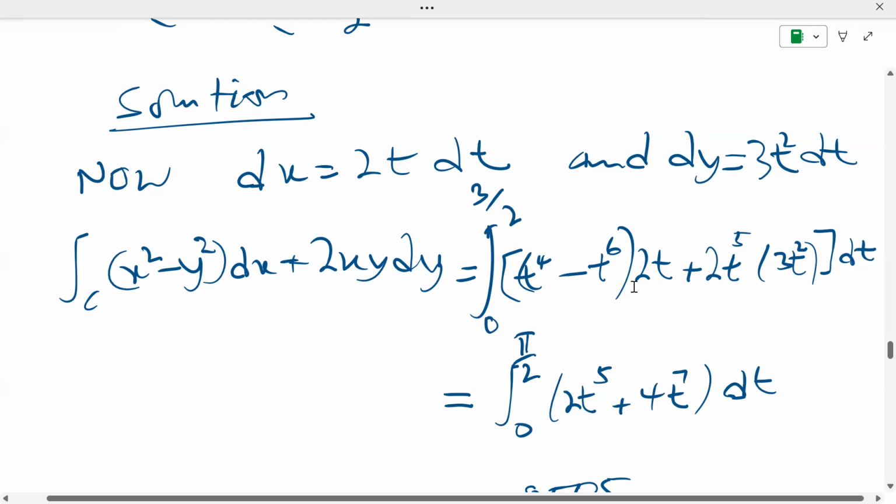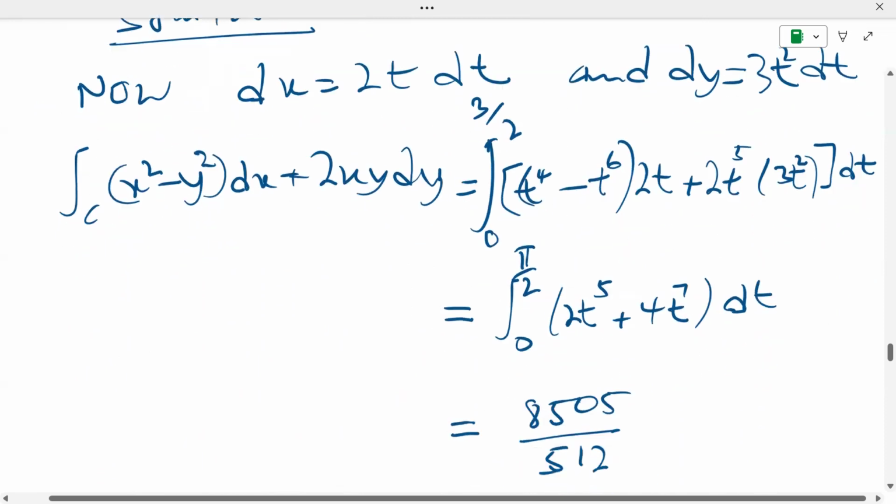So this will give us 2t raised to the power 7, and then we come here. So 2 times 3 will give us 6, then t raised to the power 5 times t squared will give us t raised to the power 7. And so remember, we already have this one over here. And so this is also 5. So 1 from 5 will give us 4. And so we simplify to this level.